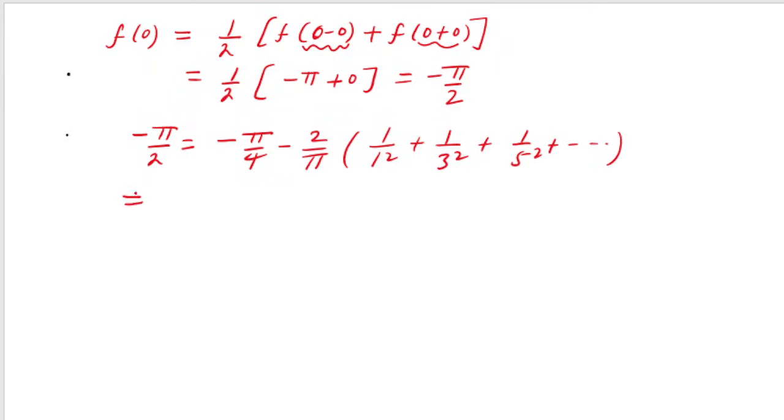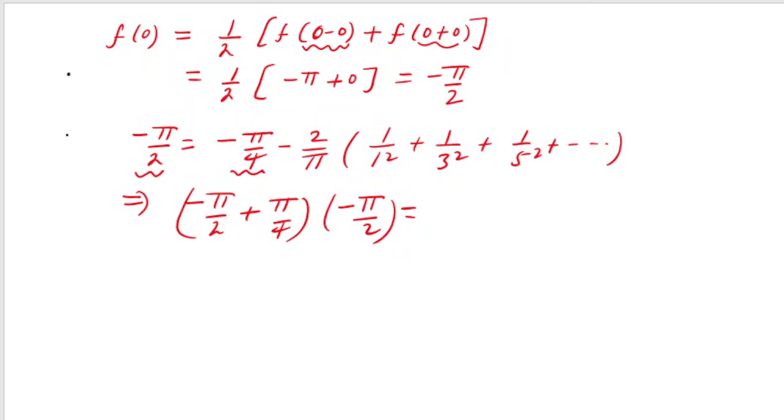So now I hope you are clear that I will bring this term to the left hand side, so it will become minus pi by 2 plus pi by 4, and here I will multiply it by the coefficient, that is minus 2 by pi, so that will become minus pi by 2, and that is equal to 1 by 1 square plus 1 by 3 square plus 1 by 5 square, and so on.